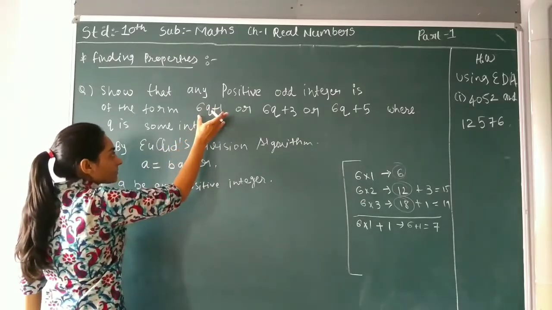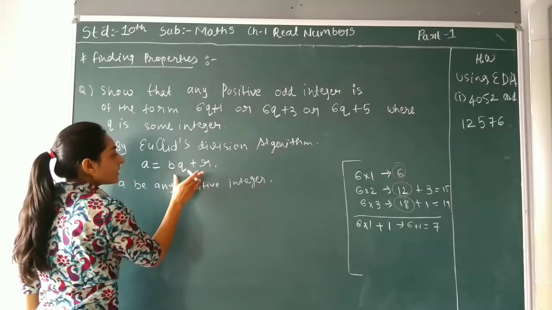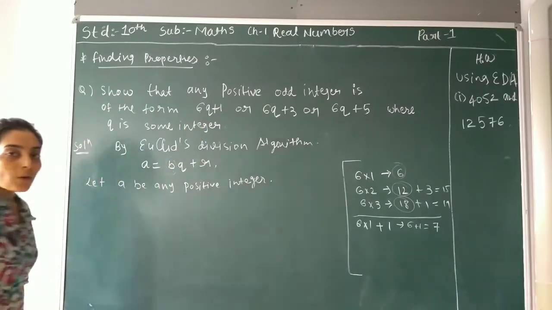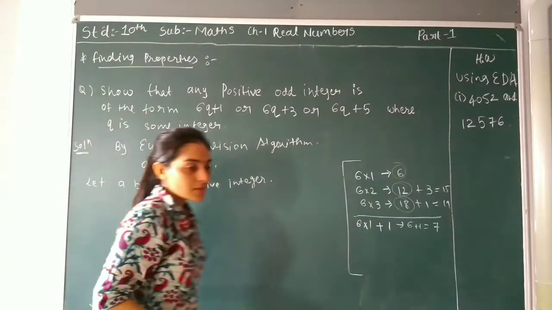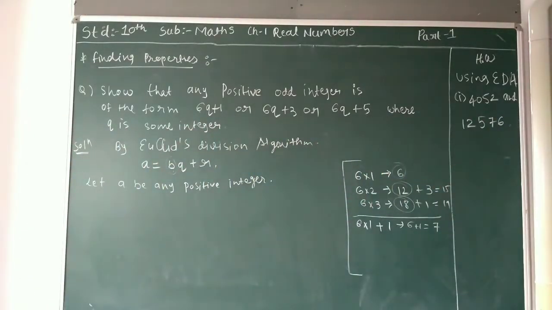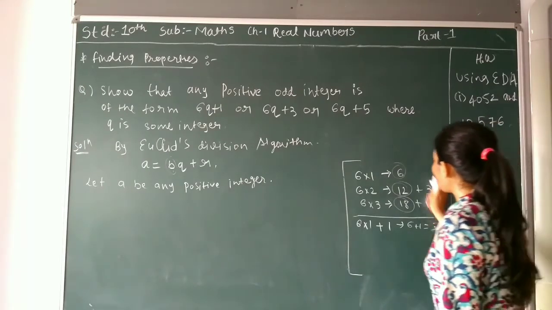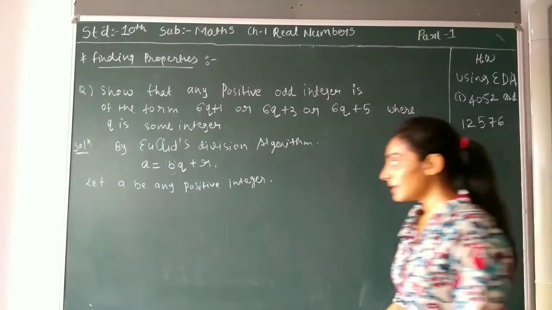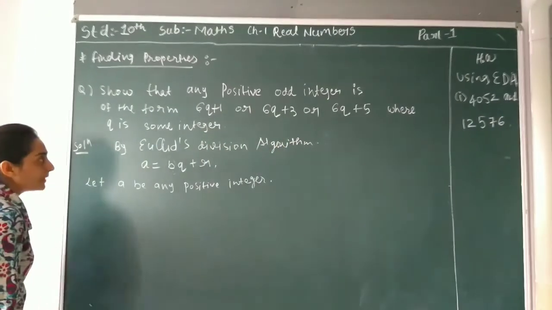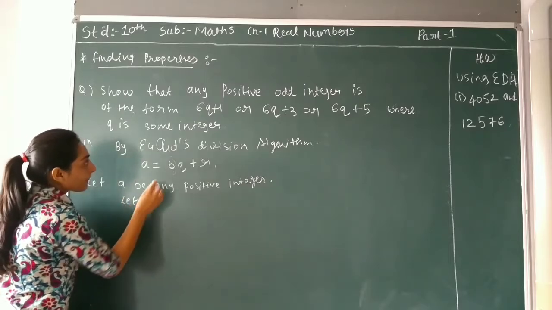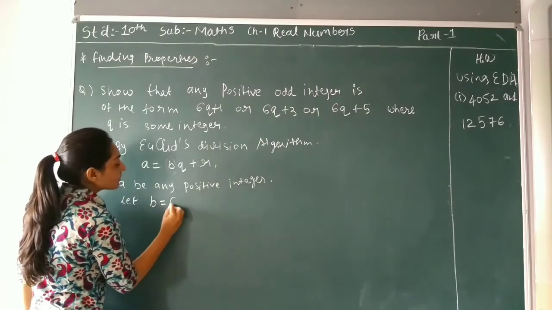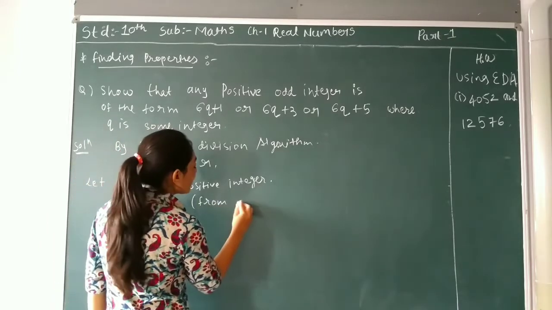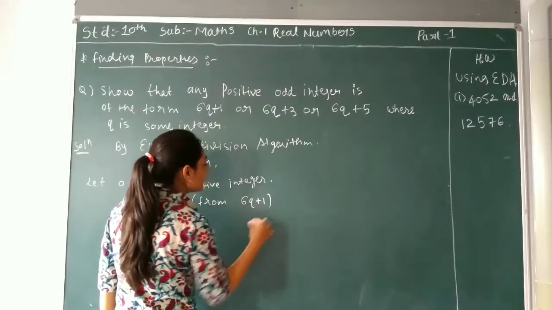So by Euclid division lemma, look at BQ plus R over here. I can clearly find that B is 6. So for this type of question, the first step is to find the value of B. So let B equal 6 from the expression 6q plus 1.